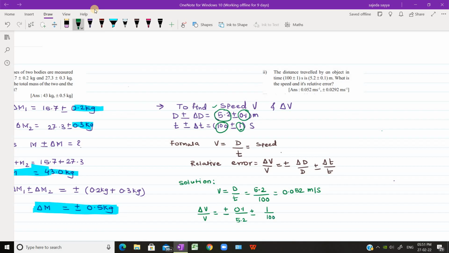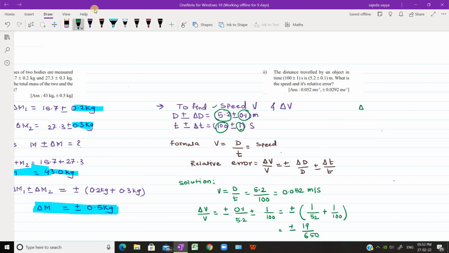So on simplifying, we get, I will take this plus and minus outside the bracket. So it will be 1 upon 52 plus 1 upon 100. Answer comes out to be plus or minus 19 upon 650.